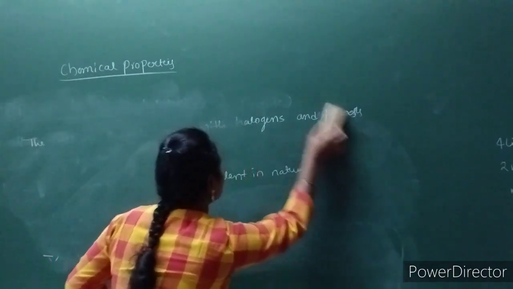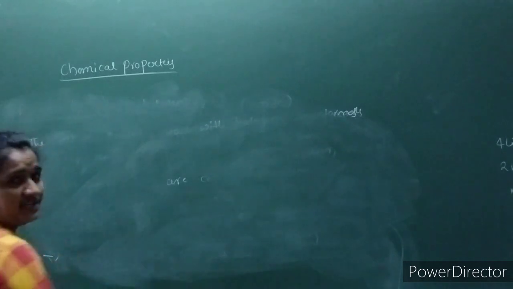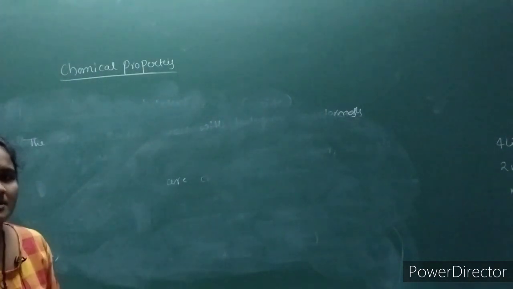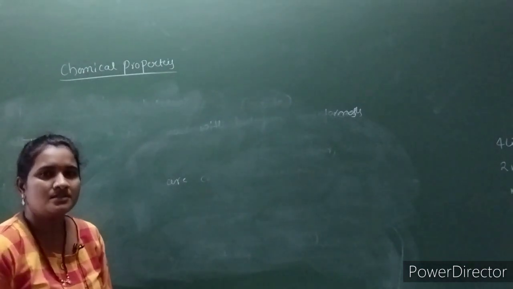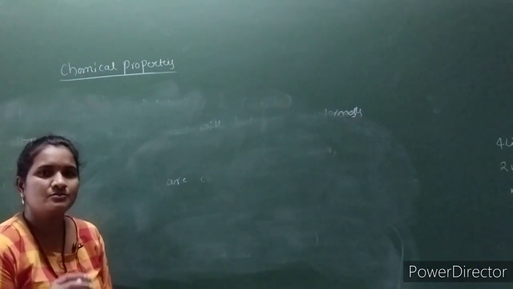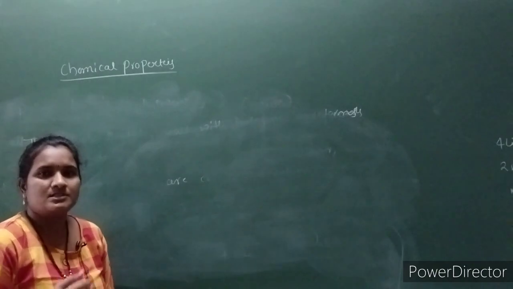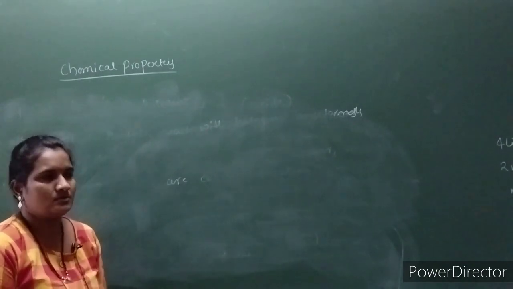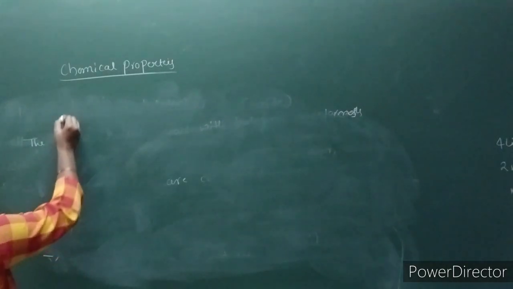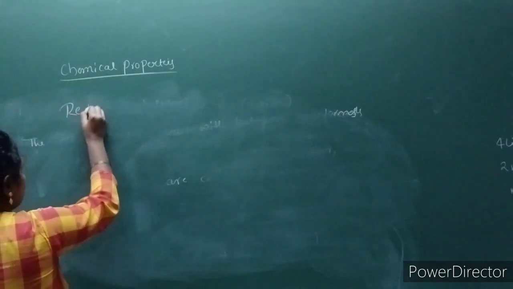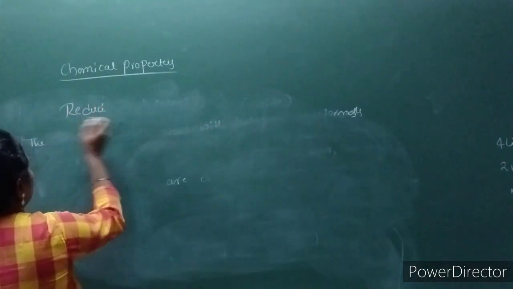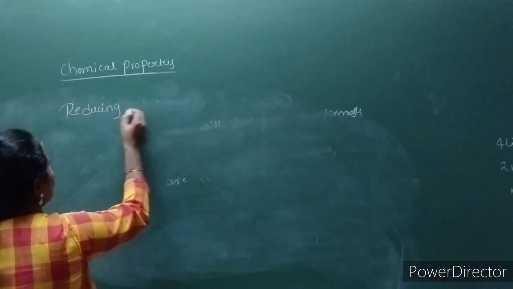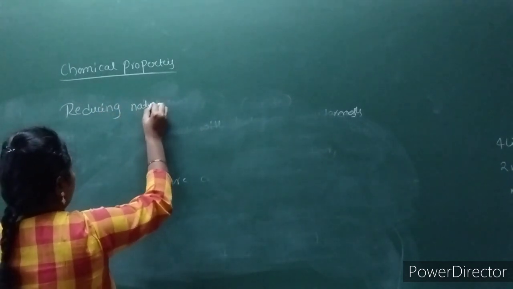The alkali metals behave as good reducing agents. Reducing agent means they reduce others but oxidize themselves. The agents which reduce other species but undergo oxidation themselves are said to be the reducing agents.